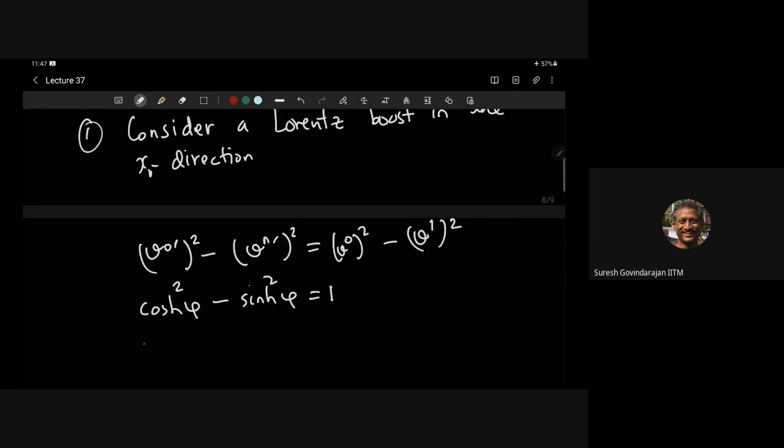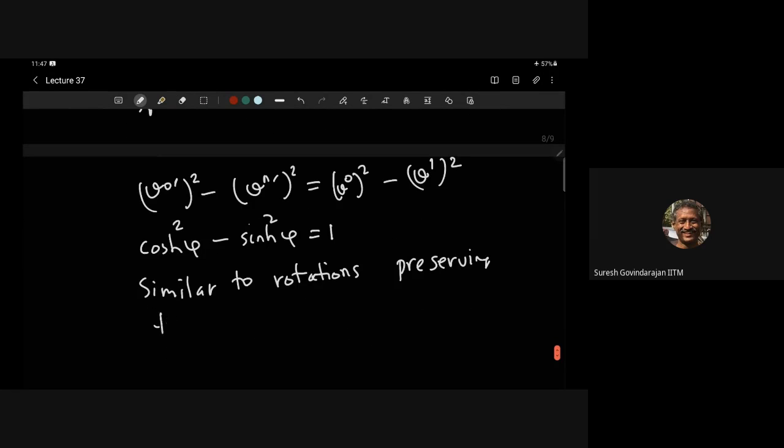So this is similar to rotations, preserving the length of a vector. Except there's a funny minus sign, right? This is the same minus sign which appears here.